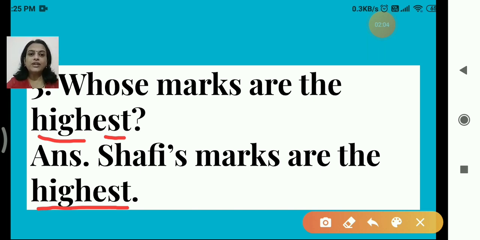So here we have written highest. Whose marks are the highest? Shafi's marks are the highest. Here we have also used the apostrophe s. Shafi's marks. Got it? Okay.